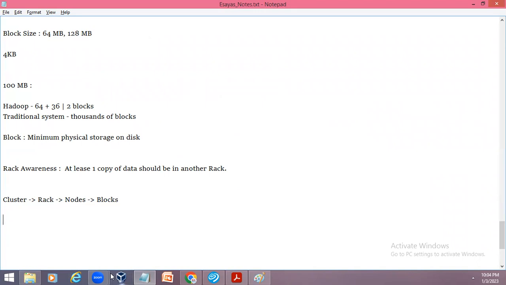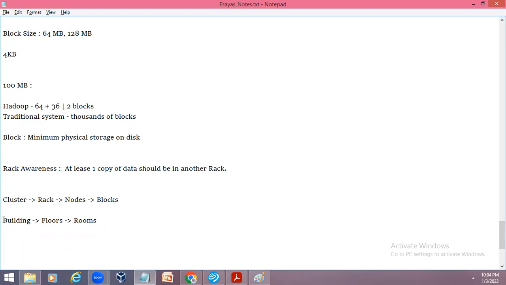Why am I giving the hotel example? Building, floor, and room. The units get smaller at the lower level. I have one cluster, two racks, five nodes, and n number of blocks.